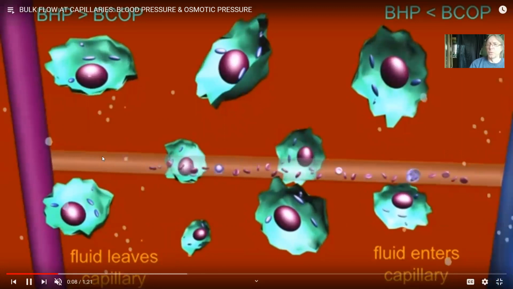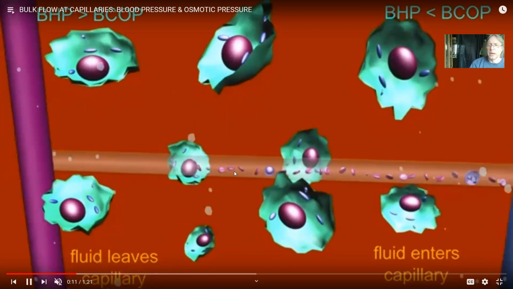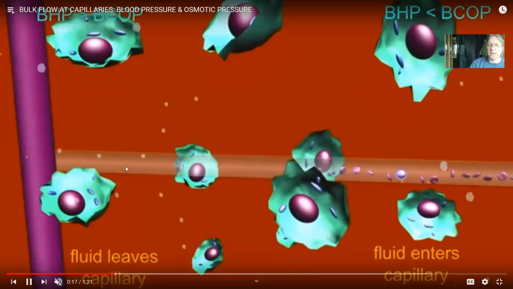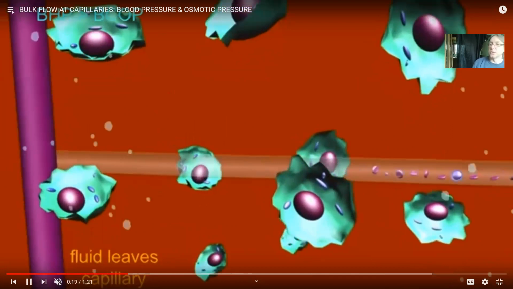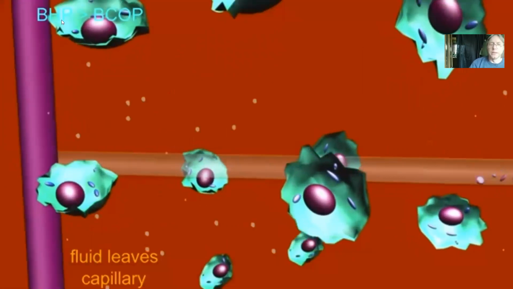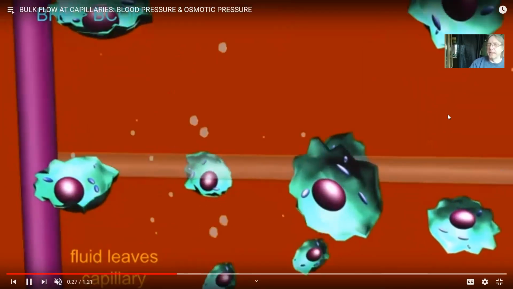Why? Well, because the osmotic pressure is the same all throughout, the tendency of water to go to where the solutes are. There are proteins which the liver has put in the blood on purpose. So the liver wants there to be more solute inside the blood than in the tissue fluid.